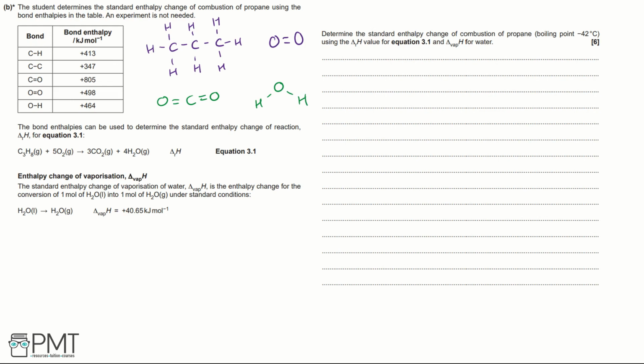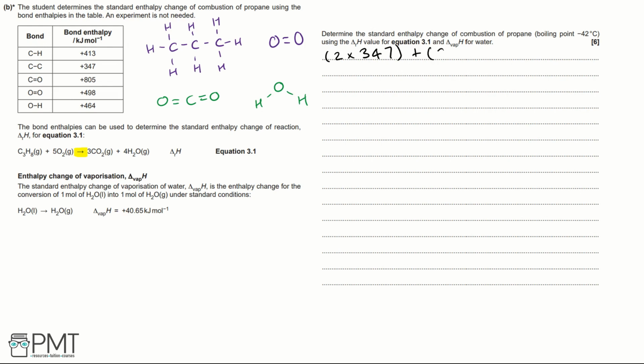So the way to remember how to do this question is if we treat this arrow as a negative sign, we're going to minus the bond enthalpies of the reactants from the bond enthalpies of the products. So that's going to be 2 times 347, because we have 2 carbon-carbon bonds singularly bonded.